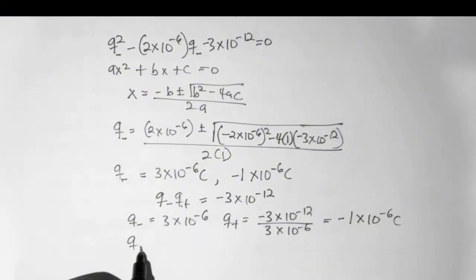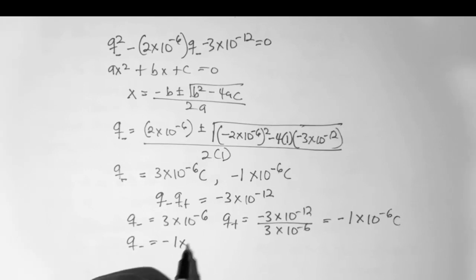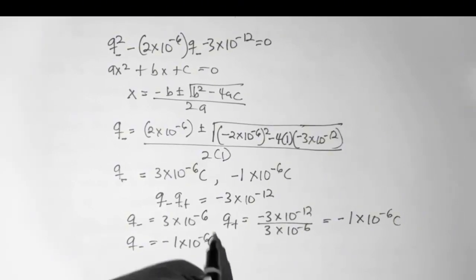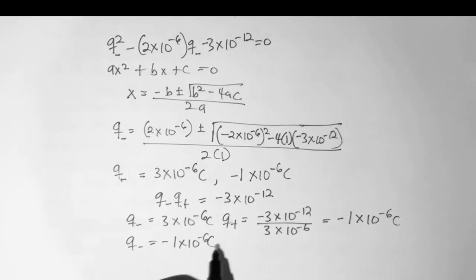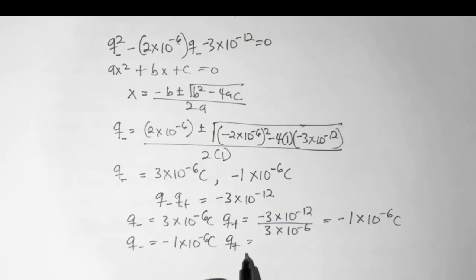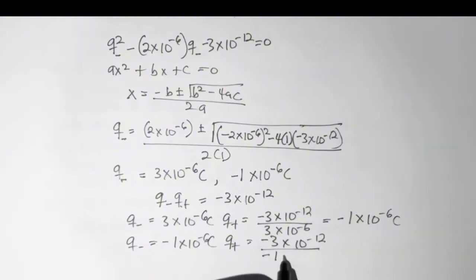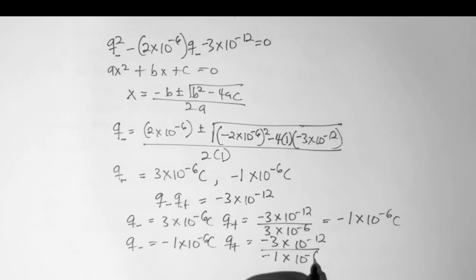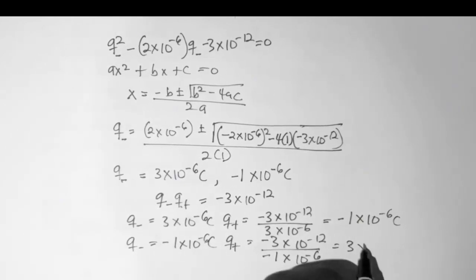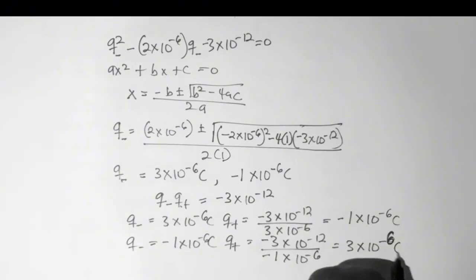Or if Q minus is equal to minus 1 times 10 exponent minus 6 coulombs, then we find out that Q plus is equal to minus 3 times 10 exponent minus 12 divided by minus 1 times 10 exponent minus 6, and that's equal to 3 times 10 exponent minus 6 coulombs.